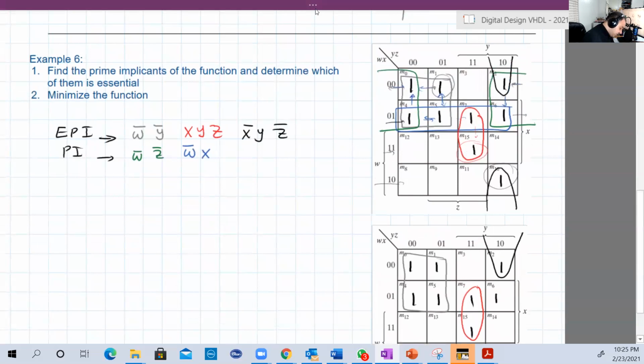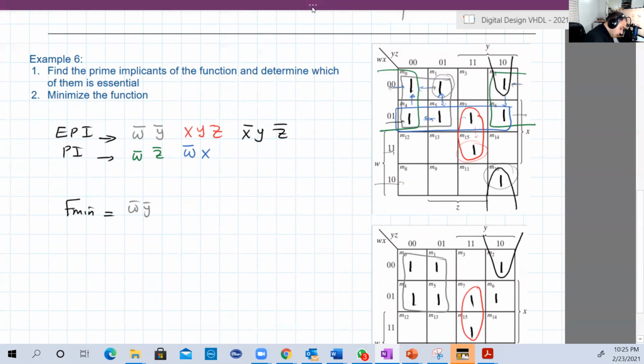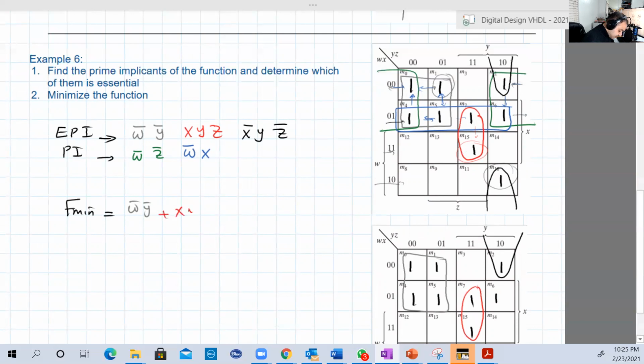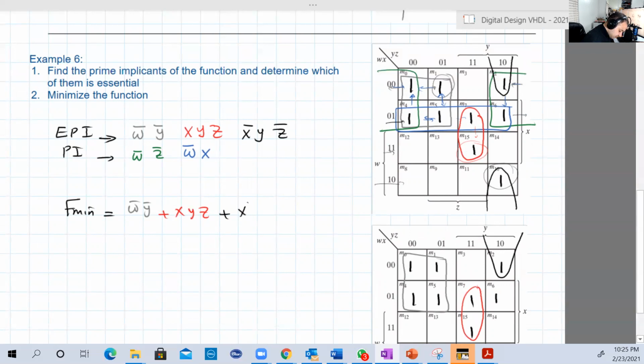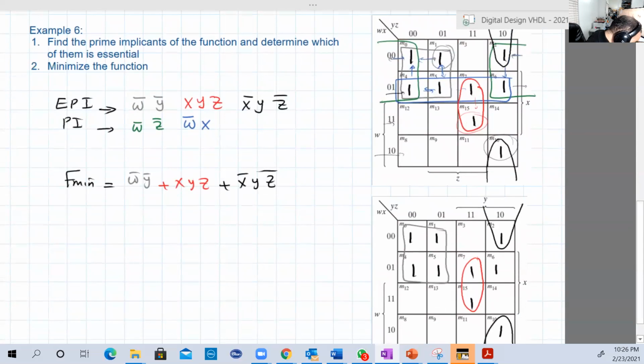So the minimum equals the 3 prime implicants, the gray, red, and the black, and now this one here can be covered by either the green or the blue.